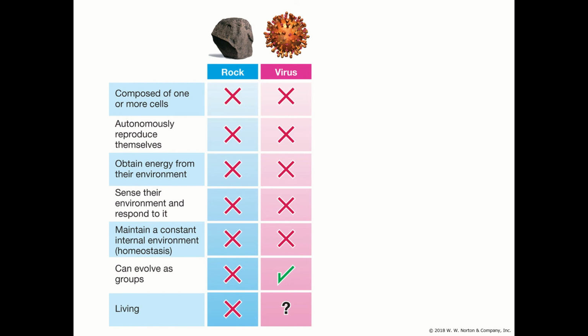That cell makes the proteins and DNA that make up the virus, and then gets so full of the virus that it actually bursts and destroys itself and releases the virus. So viruses can't reproduce, and they're not created by reproduction. They're created by the cellular mechanisms within a cell.